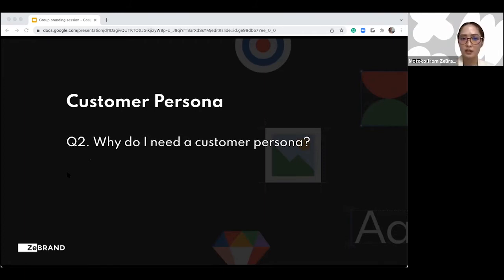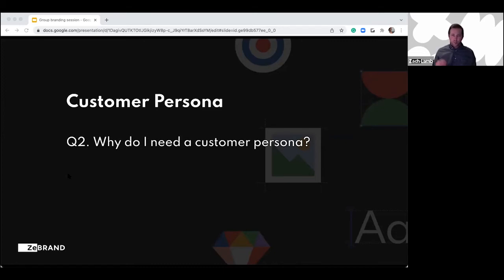Okay, why do I need a customer persona? The biggest need is that a lot of mistakes people make early on is, you're really excited about your brand and your business, and you want to be for everybody. You think that you're for everybody. But if you're for everybody, then you're not actually for anybody in particular. And so the customer persona really sharpens the lens on that psychological mindset I was discussing earlier.